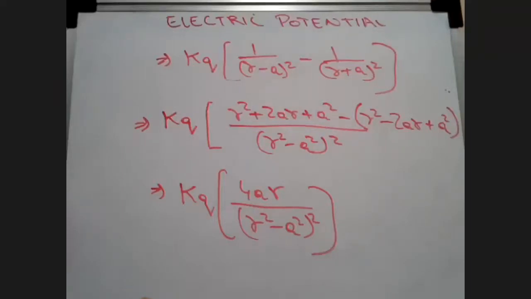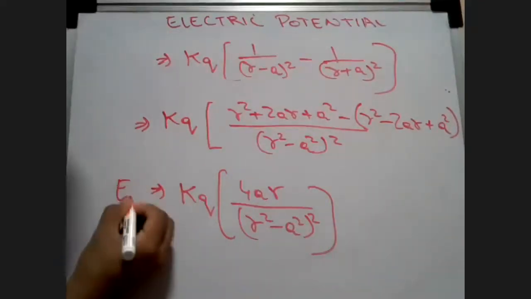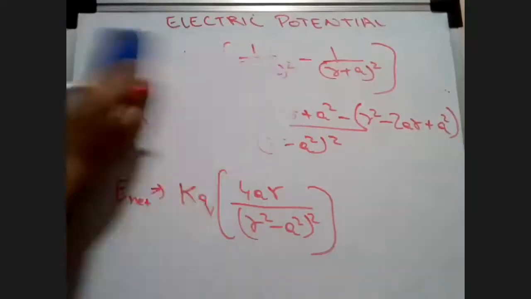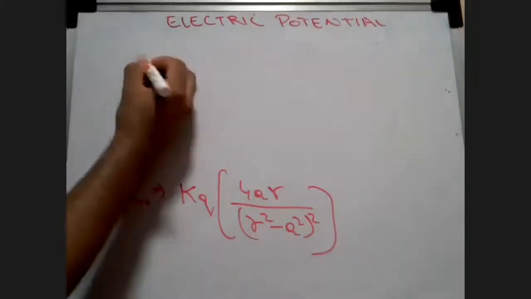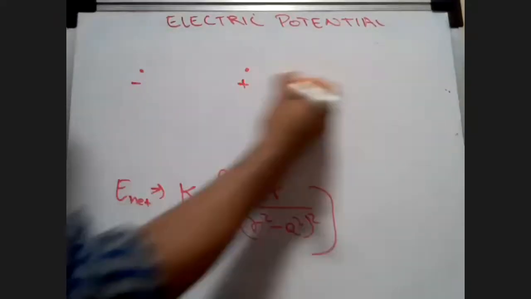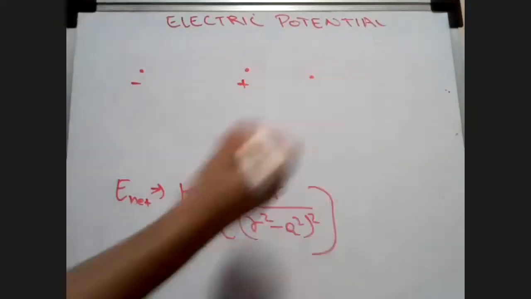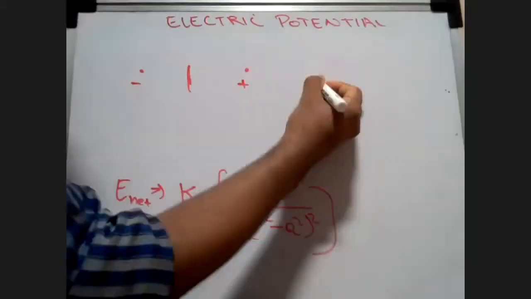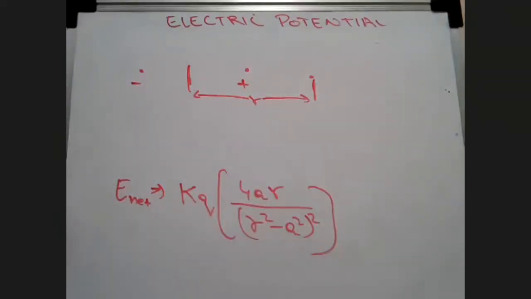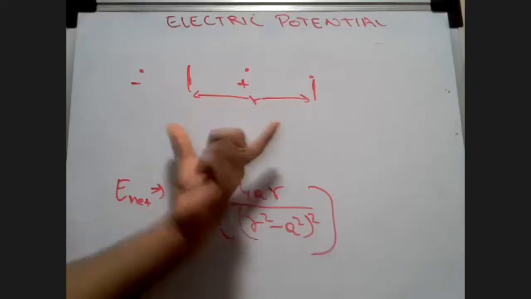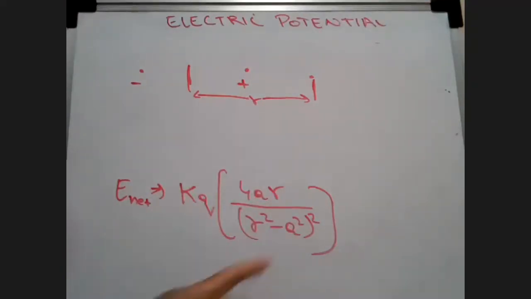Now everyone look here. What I got is basically my E net or E total. The dipole moment which I had taken here was a minus and a plus charge, and I wanted to find the field at a point. The distance between the center of the dipole and this point I said was r. But if r is extremely large, then a is going to be negligible in front of r.